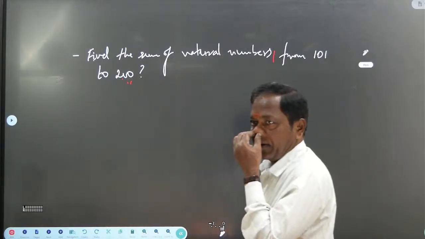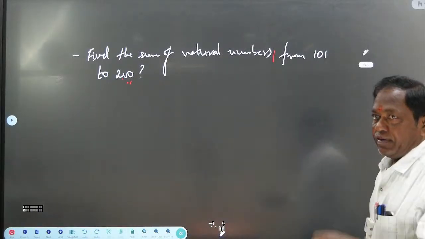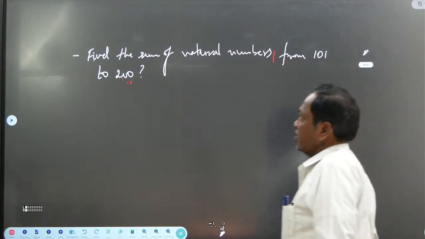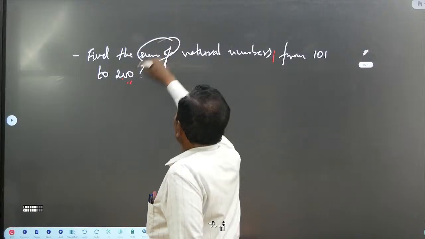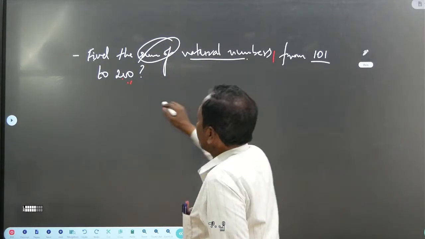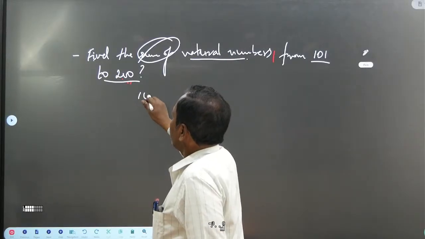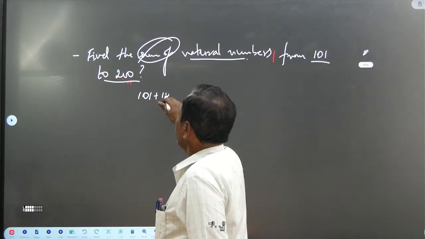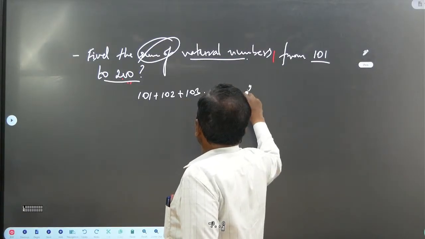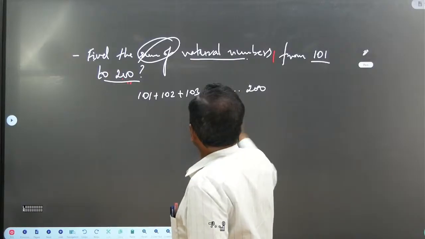Then 101 to 200. It means the sum is asking natural numbers. Okay, 101 to 200. 101 plus 102, 103 and so on till 200. Sum.